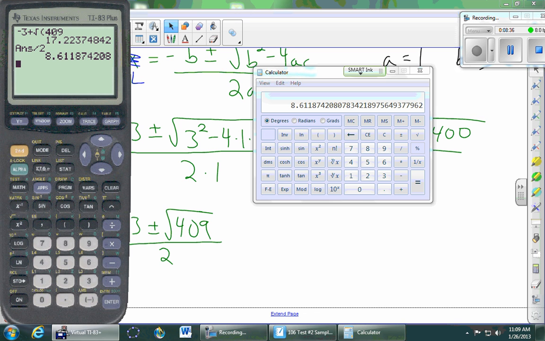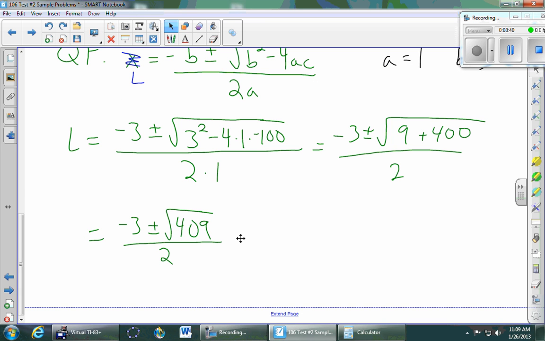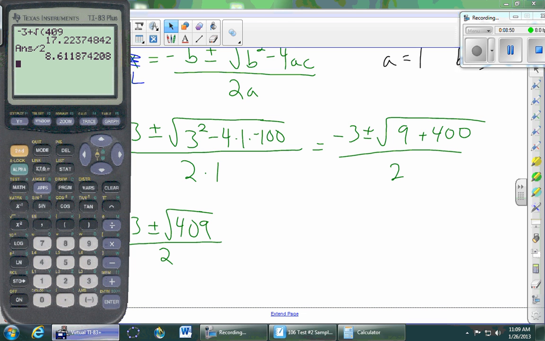I do want to point out that I was really careful to do the numerator of this big green quadratic formula calculation at the bottom separately. I typed in the whole numerator once, and then I typed in divide by 2. It's really easy to make a mistake and try to type the whole thing in one shot: negative 3 plus the square root of 409, close the parentheses for the square root, and then divide by 2.